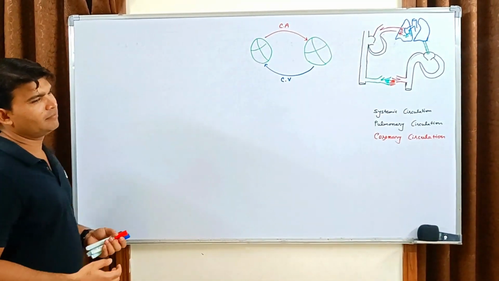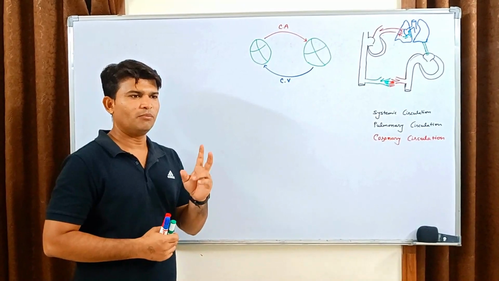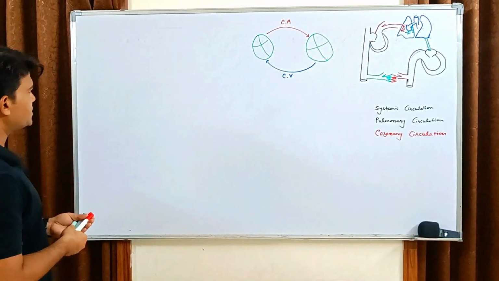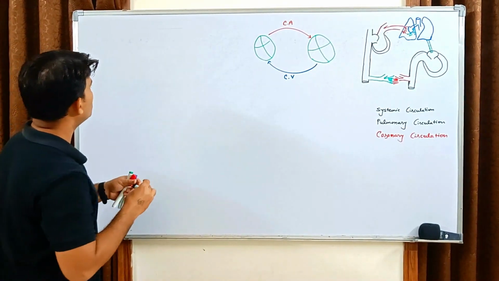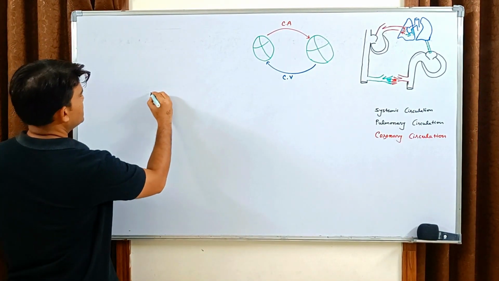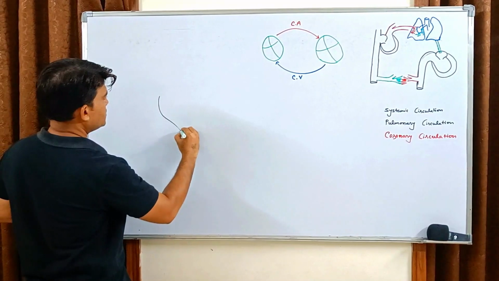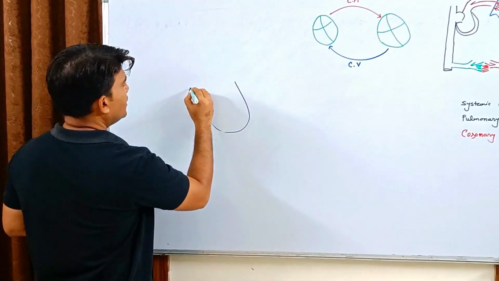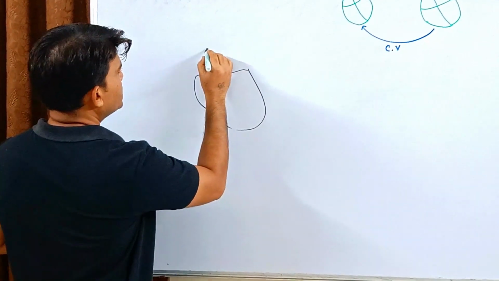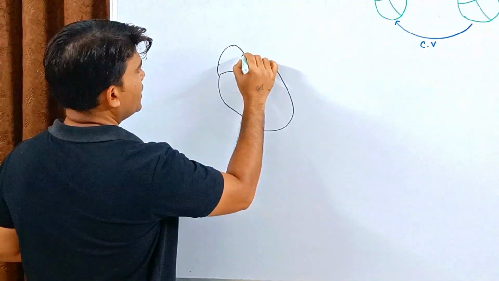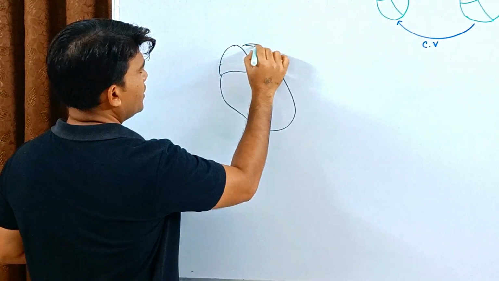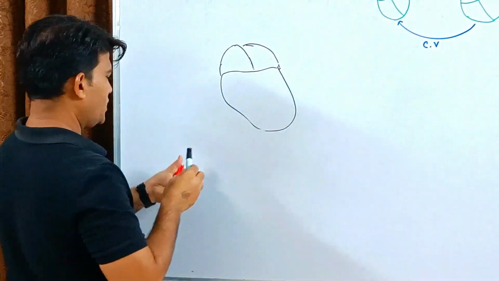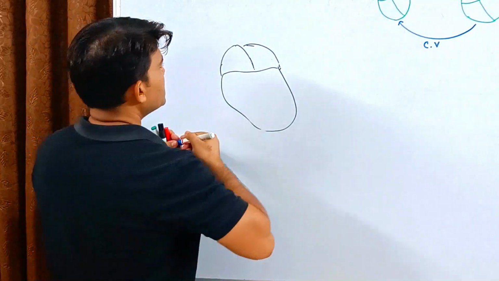The main ones are, I'm sure, two: the left and right coronary artery, right? So yes, let me draw a figure. Suppose this is our heart, and suppose this is the atria, and somewhat here from the left heart, what arises?